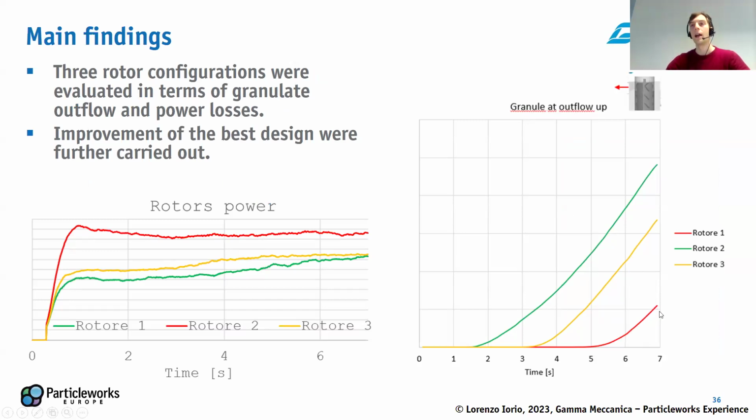Okay, so this is the initial rotor, and you can see several designs of the rotor and how the granulate is collected at the top in a faster way, but also how the power usage of the machine can be impacted by the decision and the design of this element.